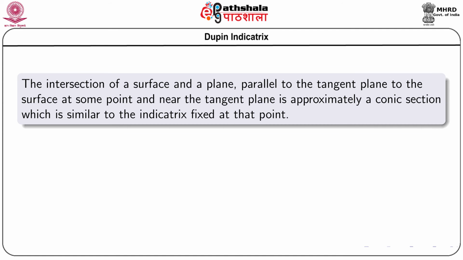Now, let us see the Dupin indicatrix. This is the definition for the Dupin indicatrix. The intersection of a surface and a plane parallel to the tangent plane to the surface at some point and near the tangent plane is approximately a conic section which is similar to the indicatrix fixed at that point.